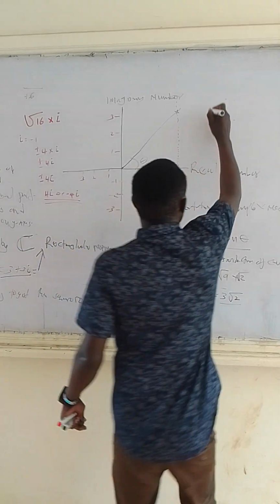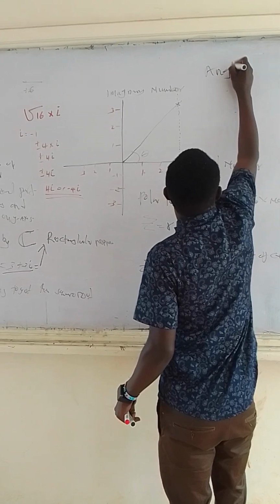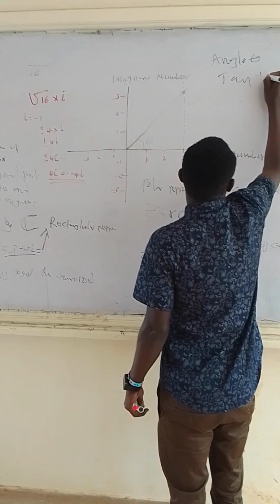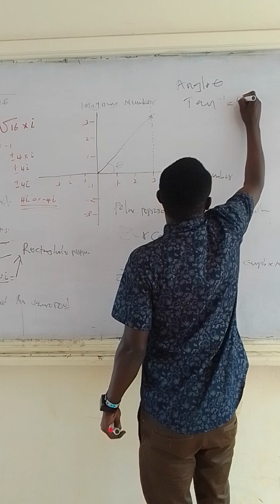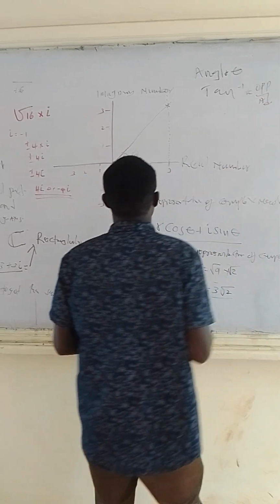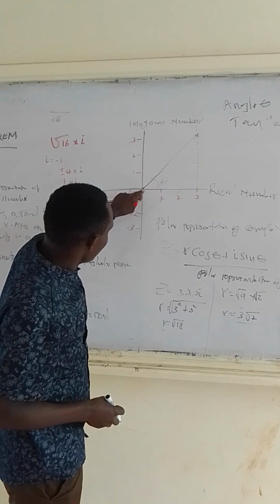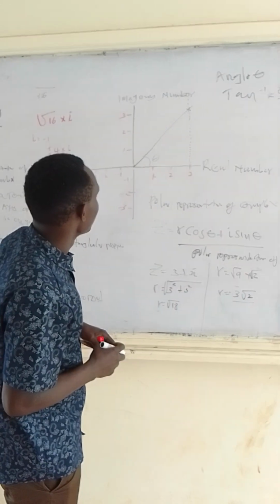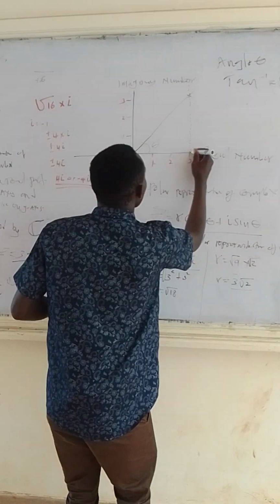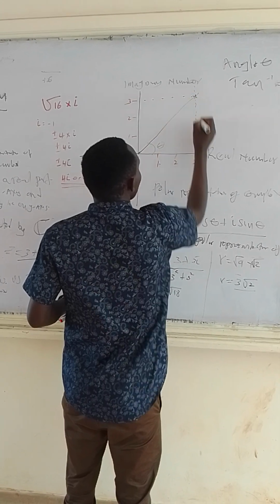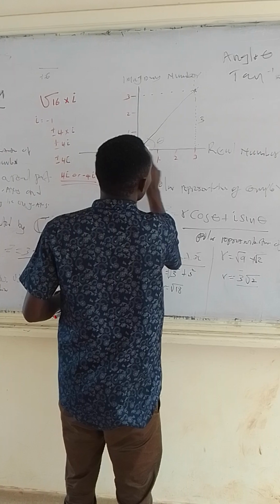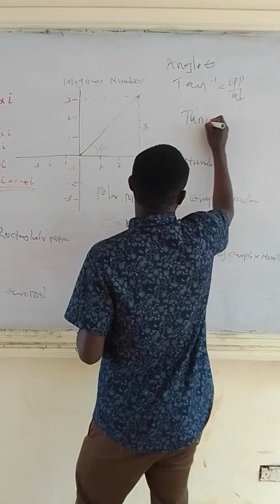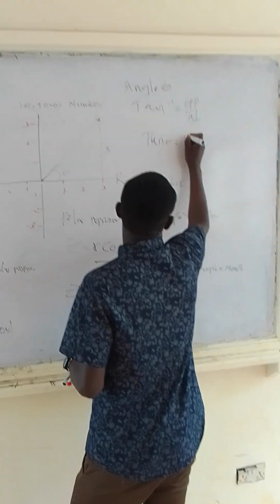If you want to find the angle theta, tan theta is the opposite over the adjacent, which is 3 over 3.